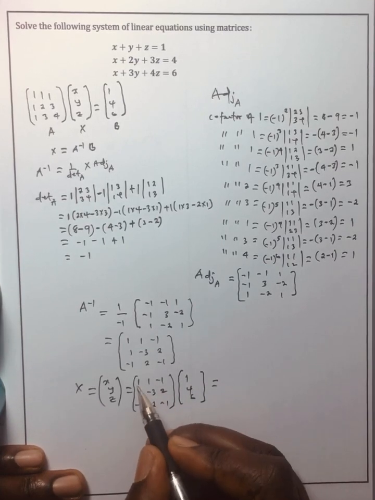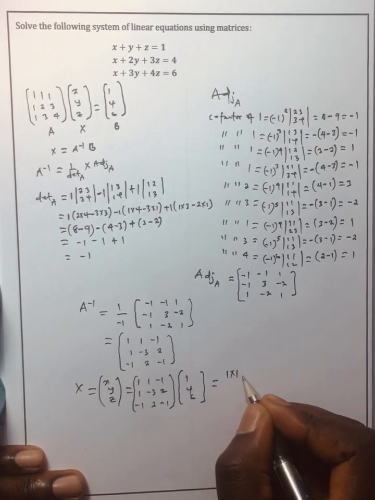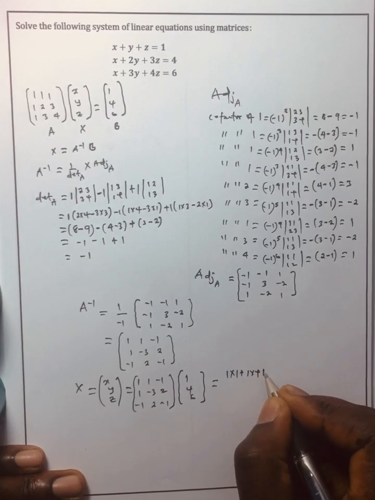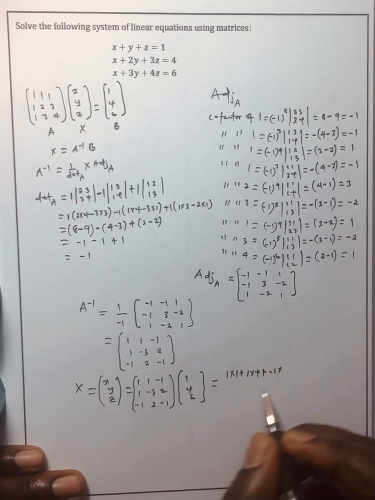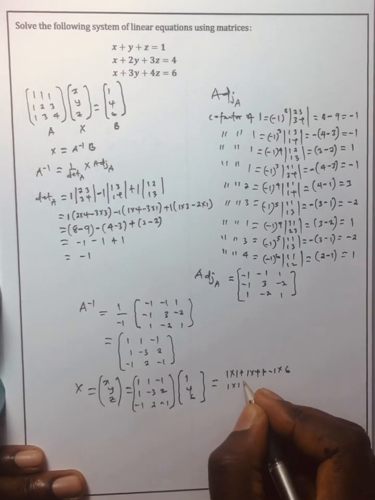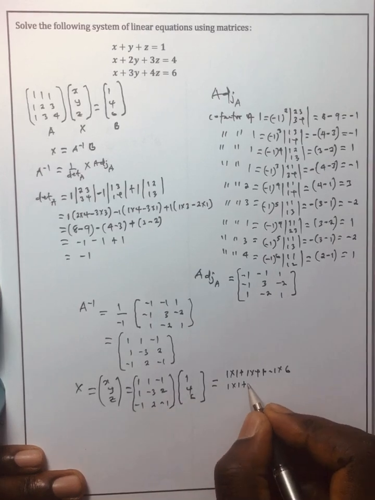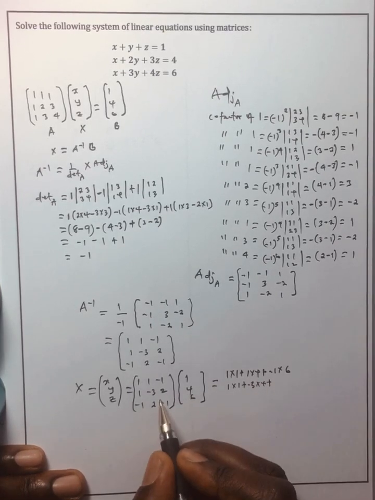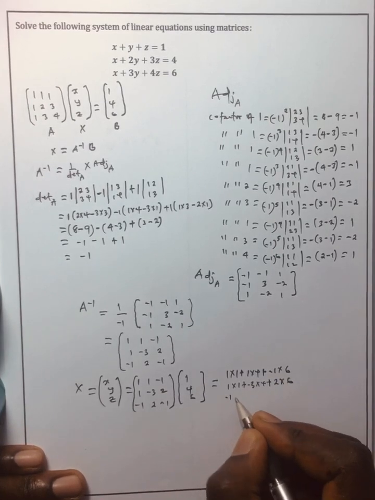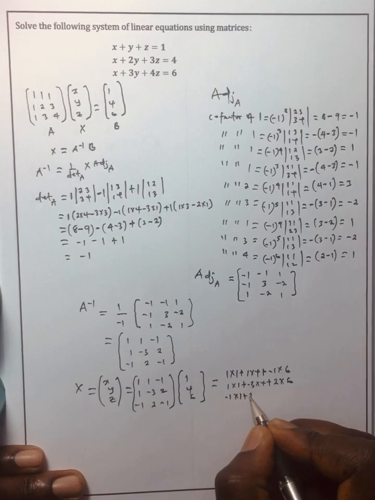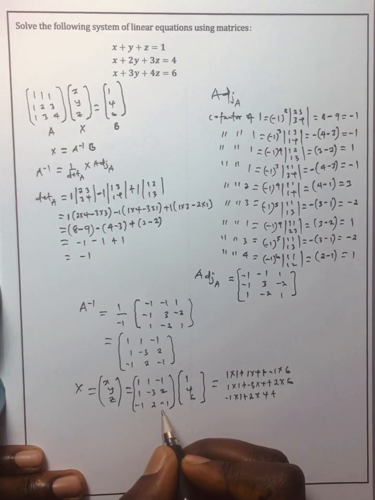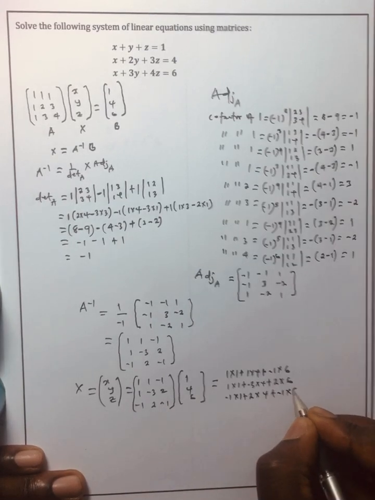So we're going to multiply 1 times 1 plus 1 times 4 plus negative 1 times 6. Then here we're going to have 1 times 1 plus negative 3 times 4 plus 2 times 6. Then we're going to have negative 1 times 1 plus 2 times 4 plus negative 1 times 6.